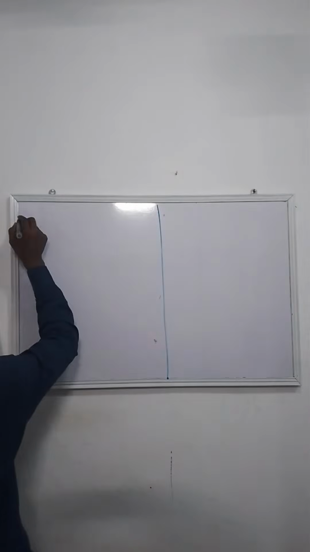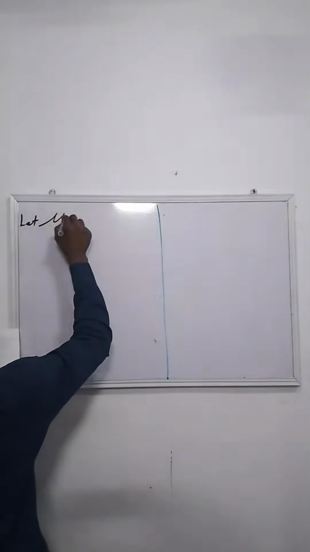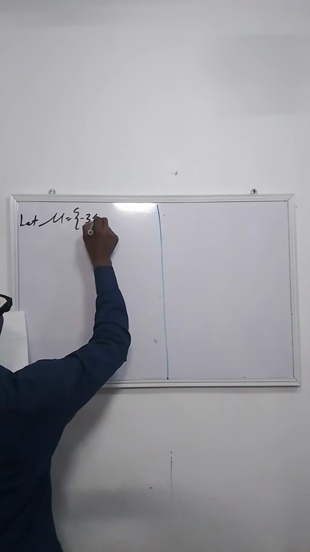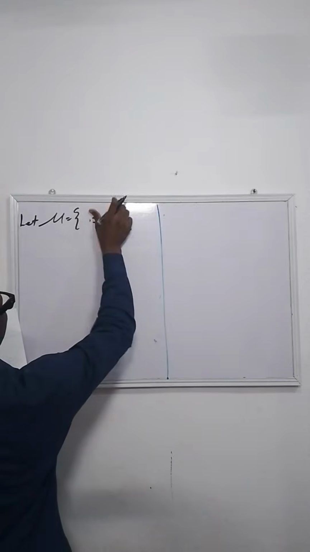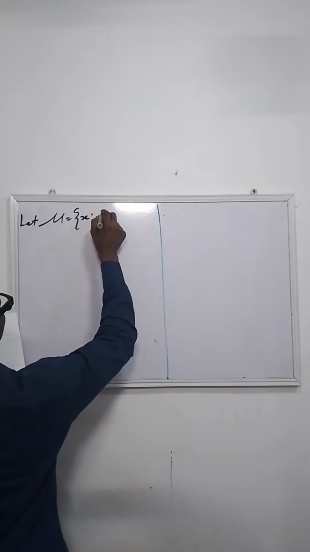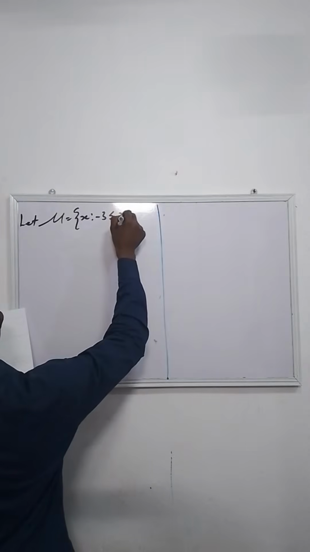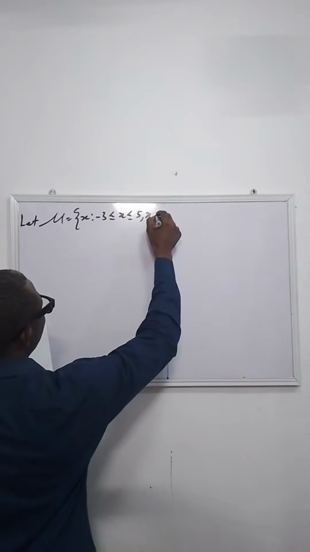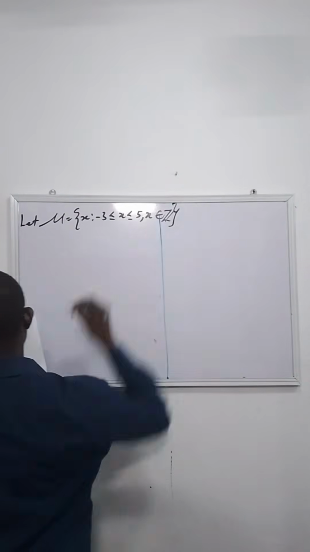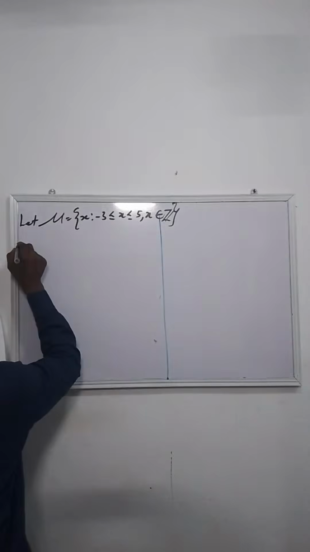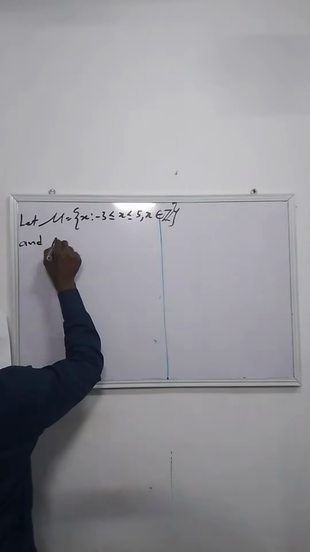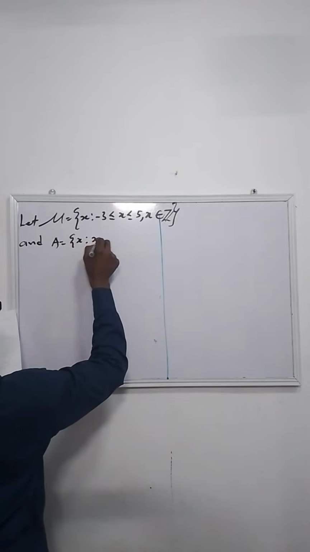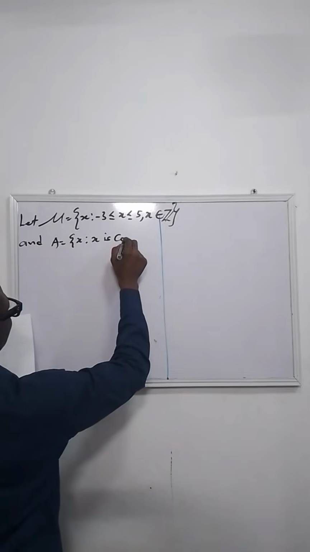Let U be the set of x such that negative 3 is less than or equal to x, less than or equal to 5, where x is a member of integer, and A is the set of x such that x is composite.